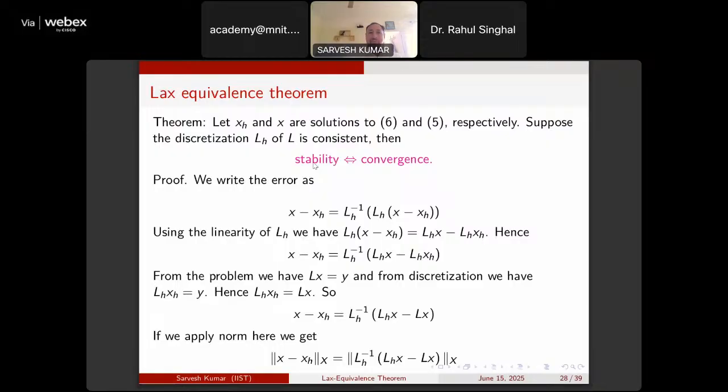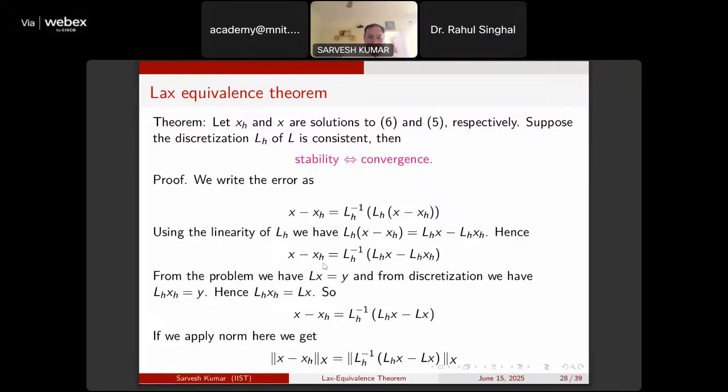So let us see the proof of this theorem, and that is why I have recalled some real and functional analysis, to prove it in a different way. This error is x minus x_h, right? So x will satisfy your Lx equal to y, and so I can rewrite this in this fashion: L_h inverse L_h of x_h. Using the linearity, L_h is a linear operator, right? I hope you understand linear operators.